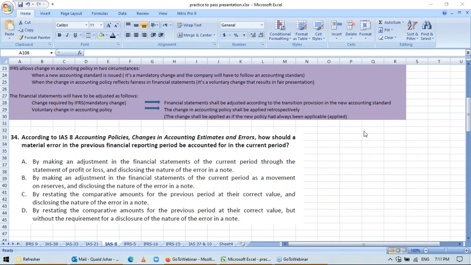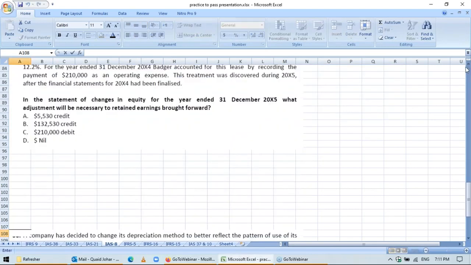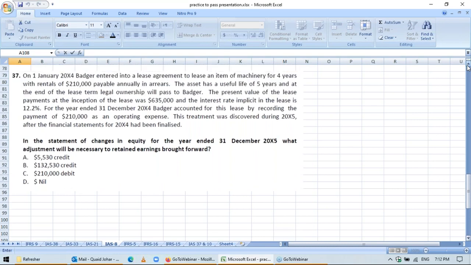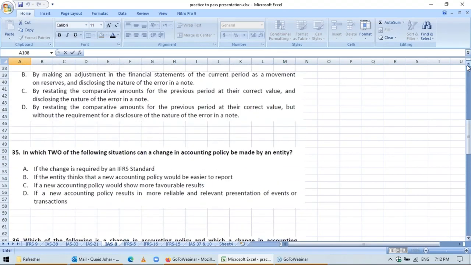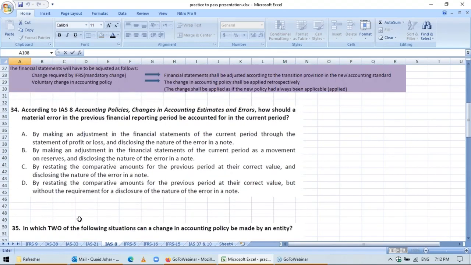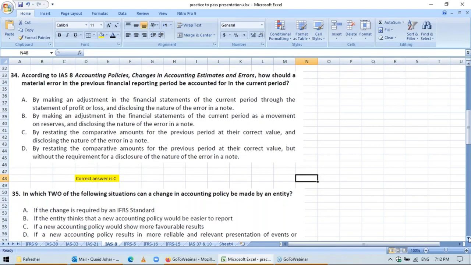Okay, students, the correct answer to question number 34 is C. As I said earlier, the prior period errors will have to be corrected in prior years.